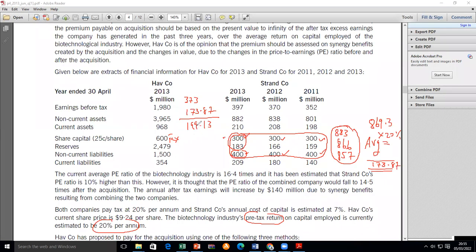How much is the tax? 20% of that? 39.83. What is the net of tax? 159.3.